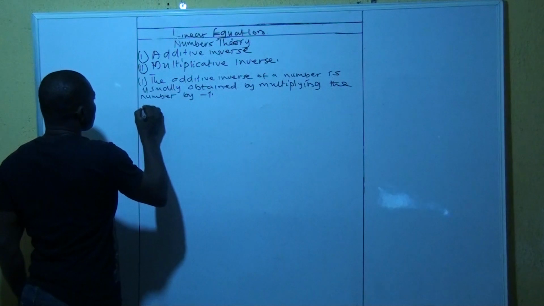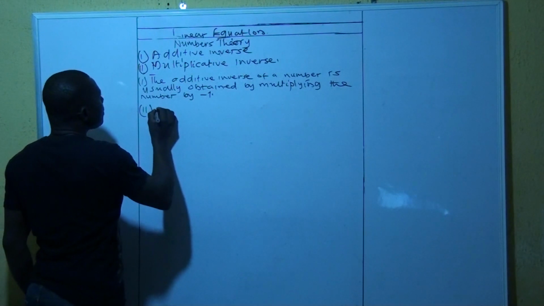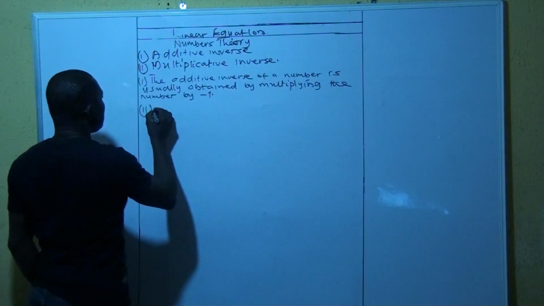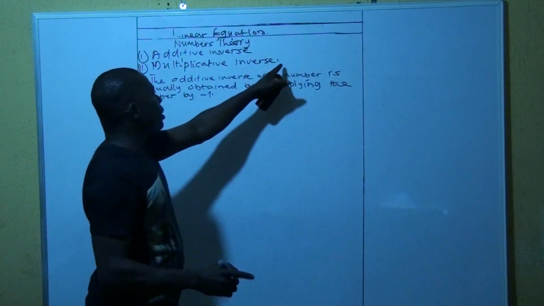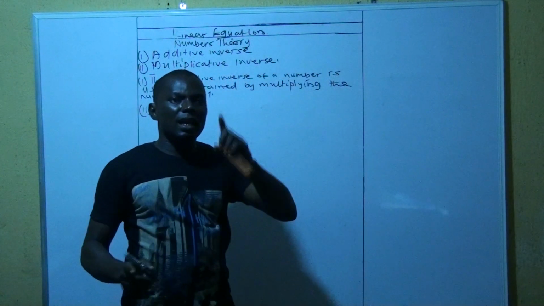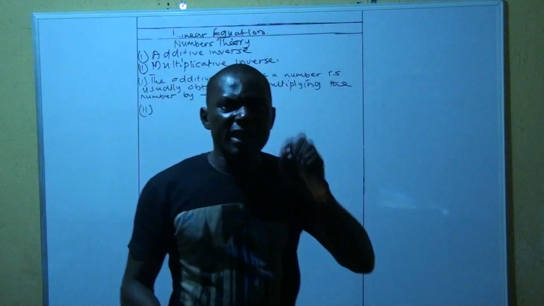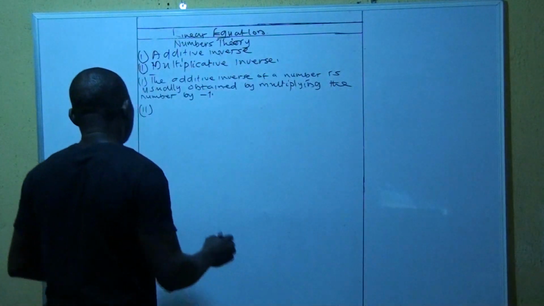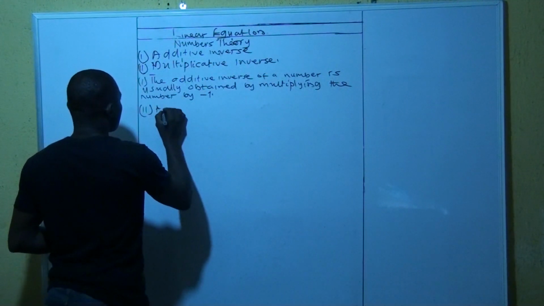Another name for multiplicative inverse is called reciprocal. It's called what?